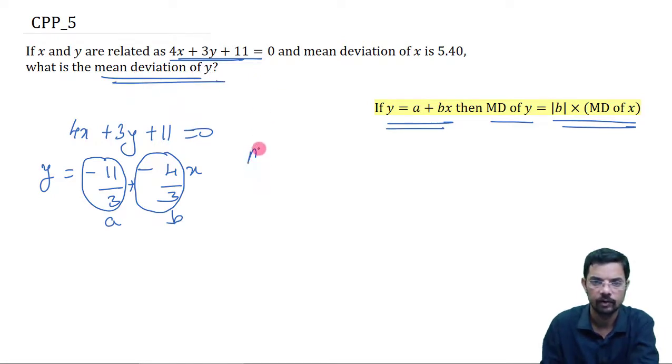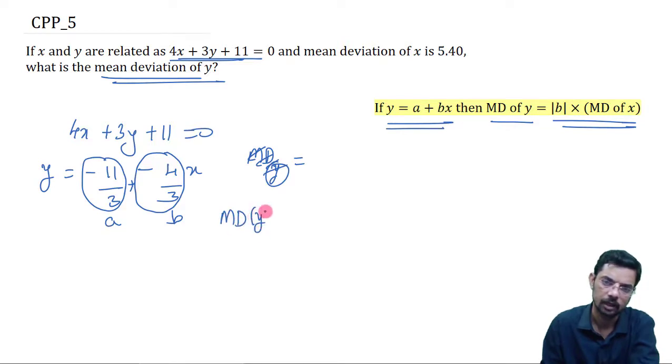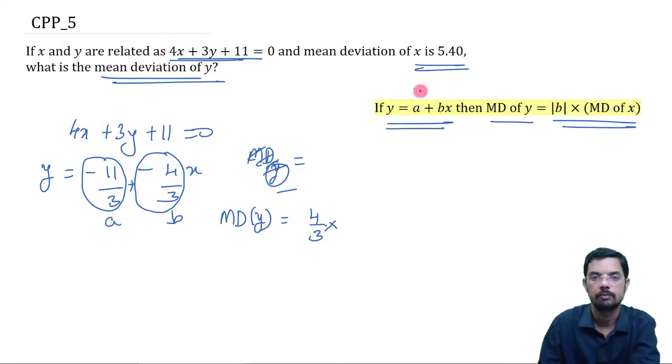The mean deviation of y about whatever average will be equal to modulus of B, that is 4 by 3, into the mean deviation of x, which is given to you as 5.40, and that can be calculated as 4 into 5.40.